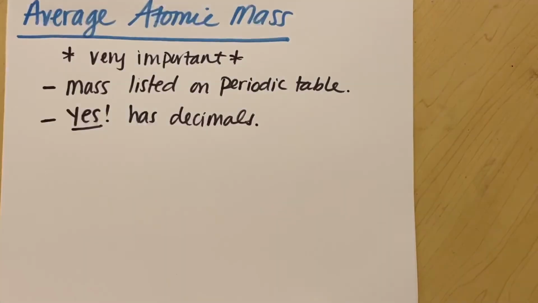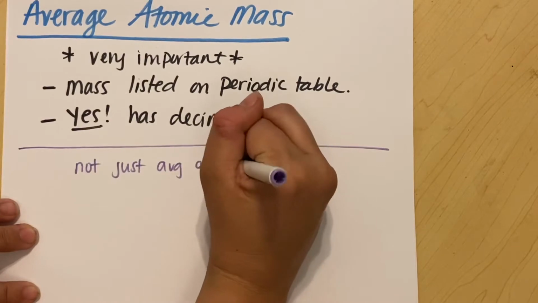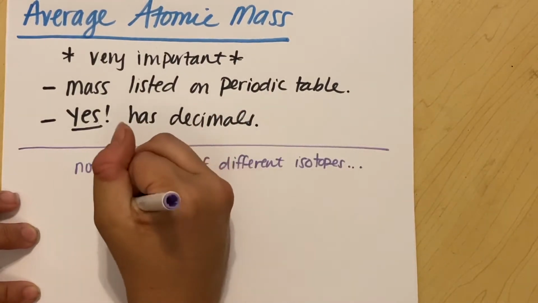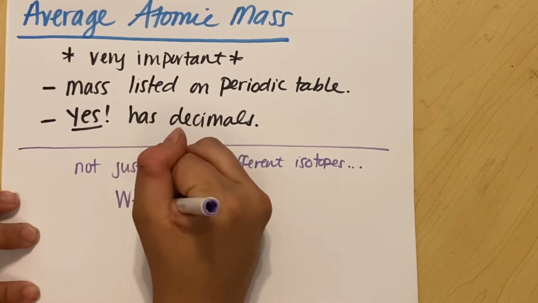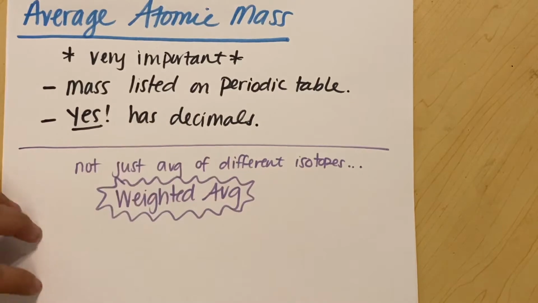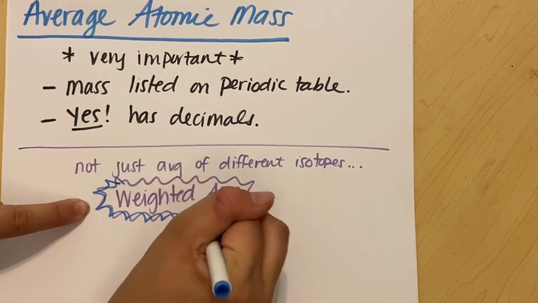Okay, so it is slightly trickier to calculate average atomic mass, because it's not just an average of your different isotopes. It is a weighted average. So your average atomic mass is actually weighted.